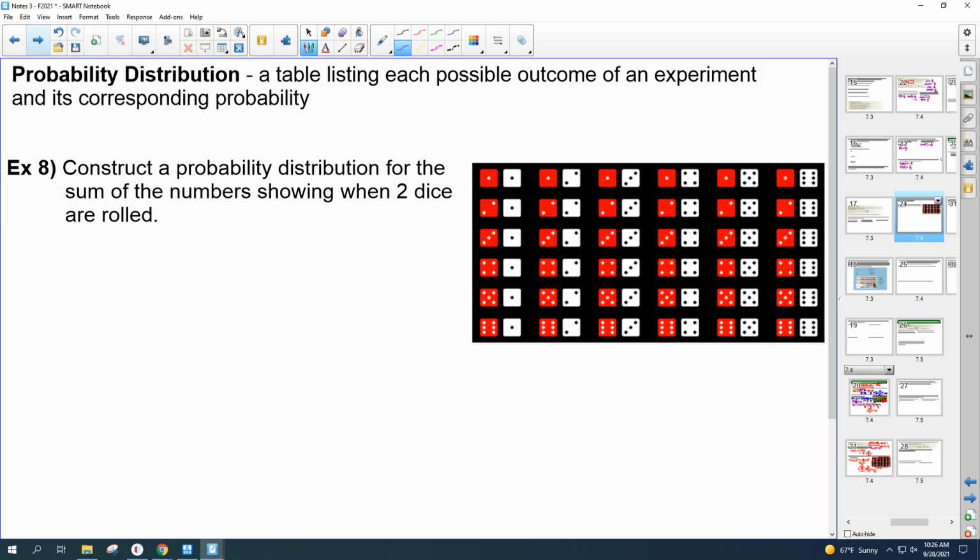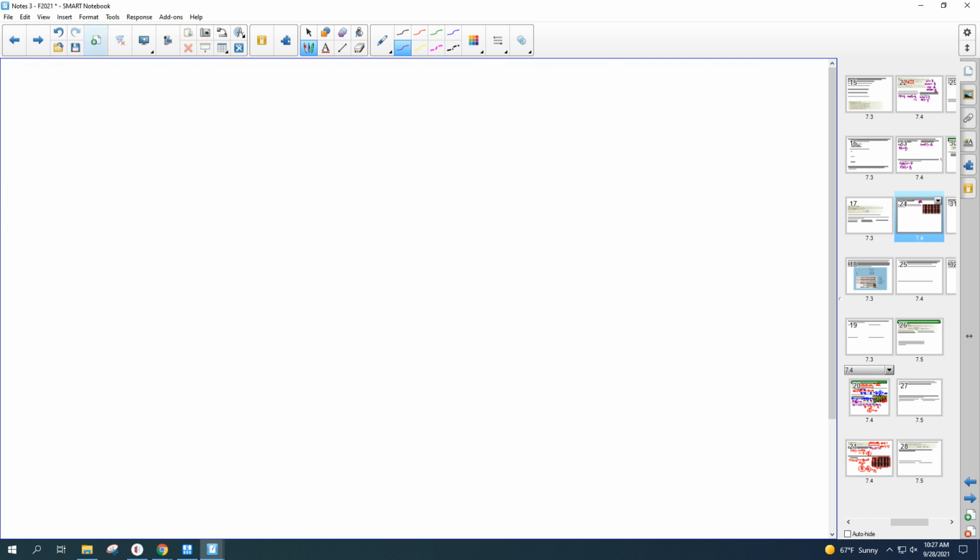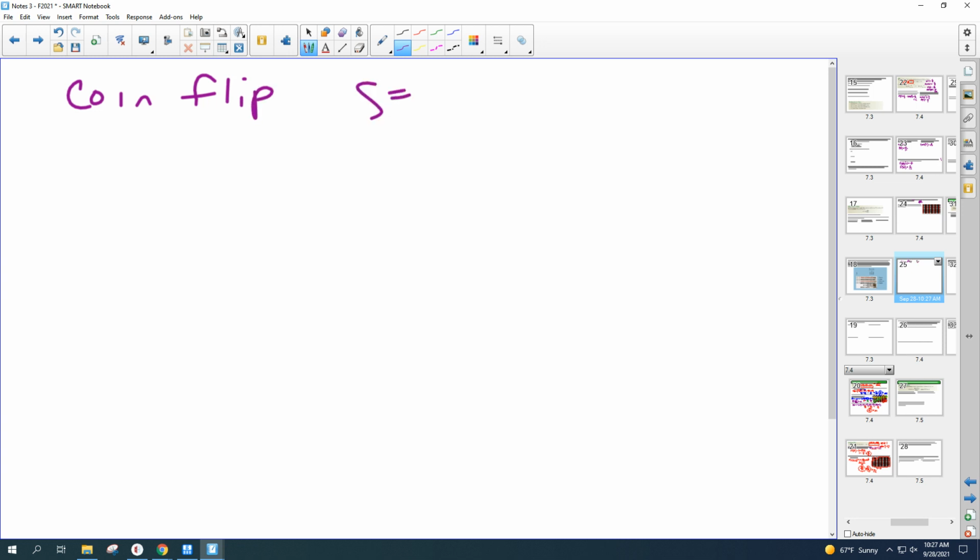Probability distribution. A probability distribution is a table listing all possible outcomes of an experiment and its corresponding probability. So a simple example of this would be like a coin flip. What's the sample space for a coin flip?